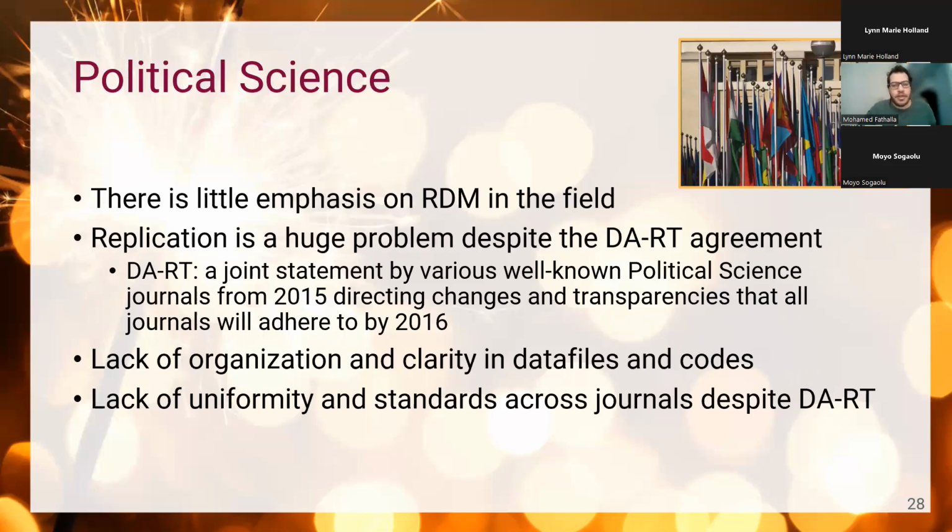The third discipline here is political science. And in political science, there is little emphasis on RDM in the field at all. Replication is a huge problem, despite the DART agreement, which is a joint statement by various well-known political science journals from 2015, directing changes in transparency that all journals would adhere to by 2016, which is 6 years ago.